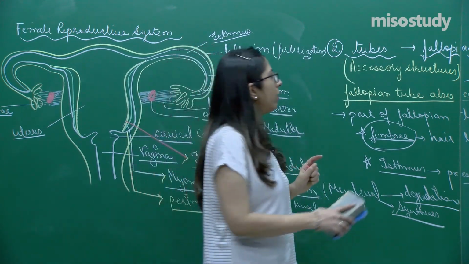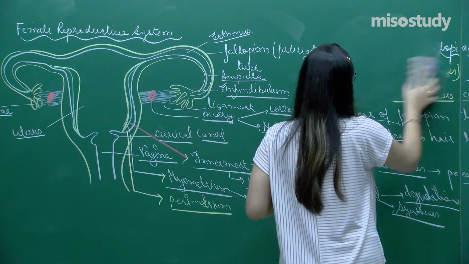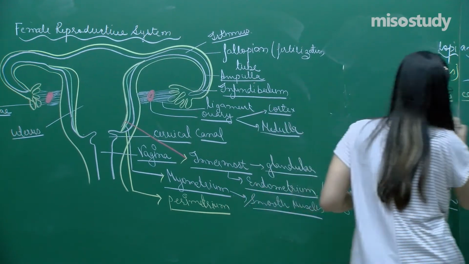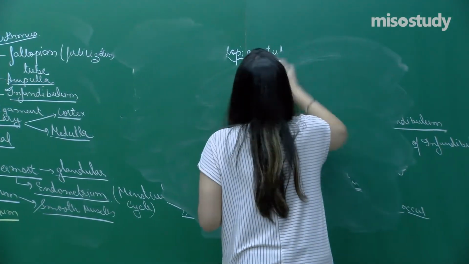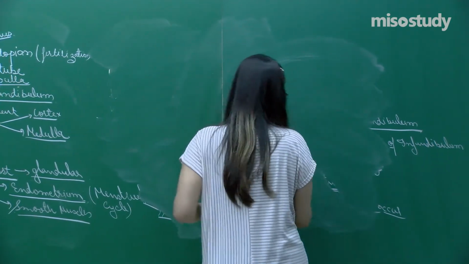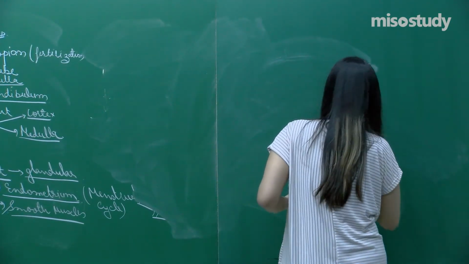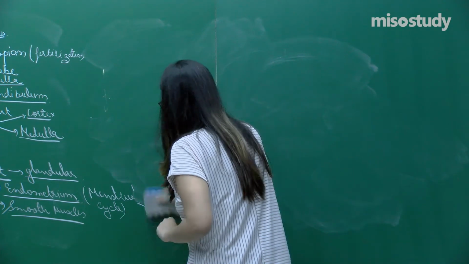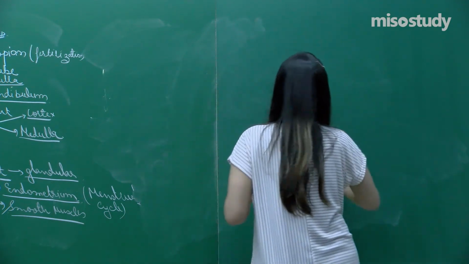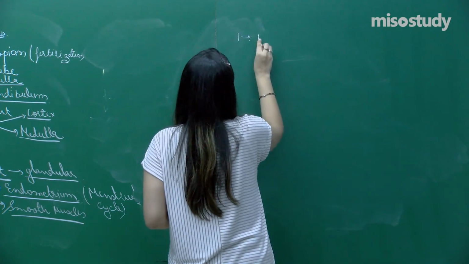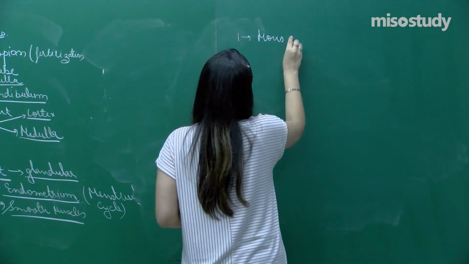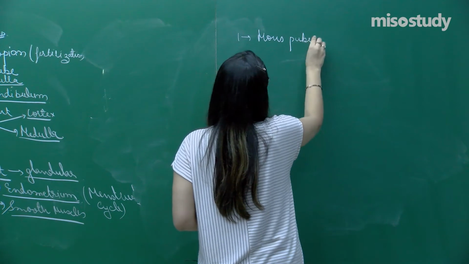Now let's talk about the female external structure. Female reproductive tract external structure. In this, the different parts are present. First of all, let's talk about the outermost one, which is called the mons pubis.